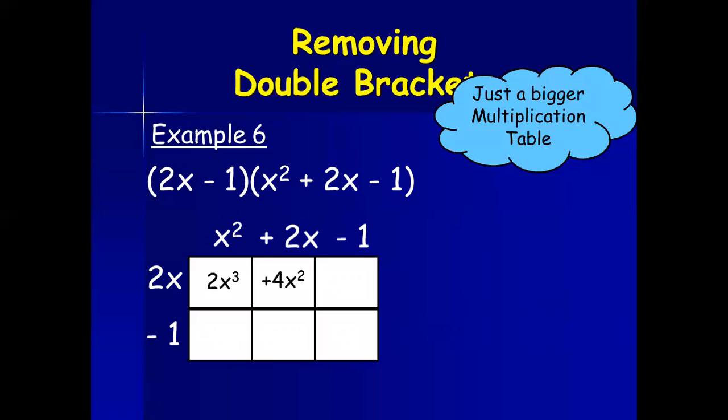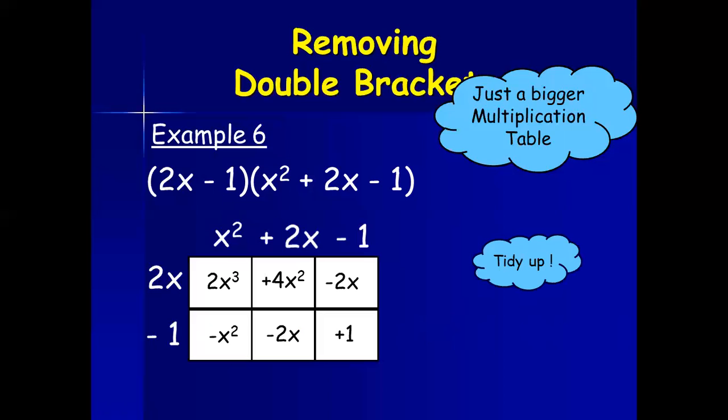And 2x multiplied by negative 1 will be negative 2x. It's very important to focus and be careful with the negative number. Okay, negative 1 multiplied by x power 2 will be negative x power 2. Negative 1 multiplied by 2x will be negative 2x. And negative 1 multiplied by negative 1 would be positive 1.